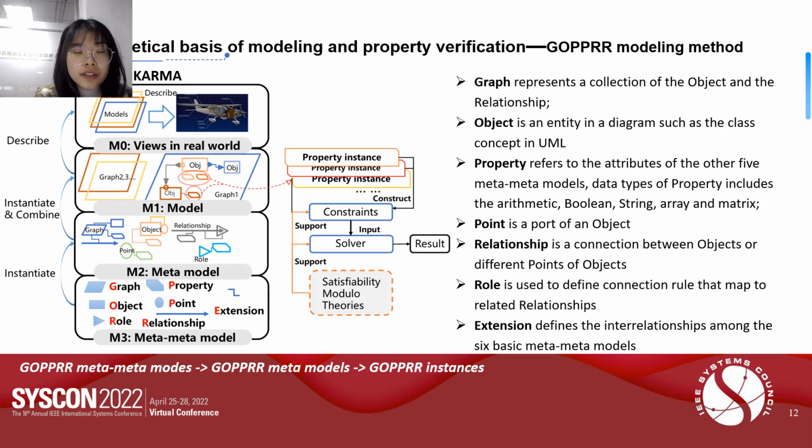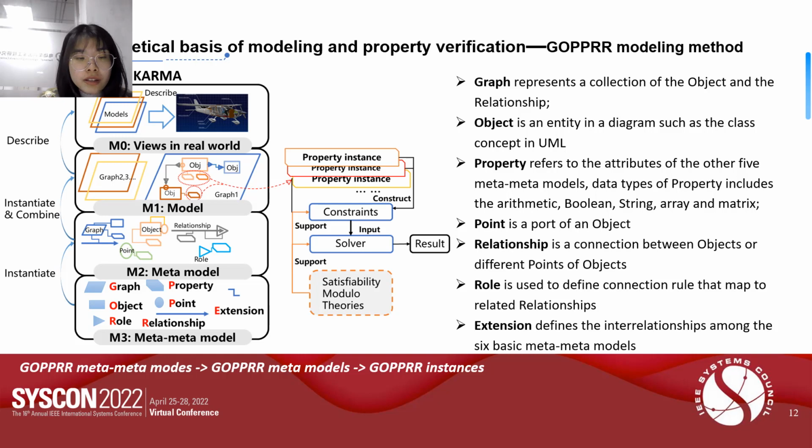Second is the theoretical basis. The GOPPRR modeling method is a modeling basis. The GOPPRR modeling method is the most powerfully expressive mathematical modeling method because GOPPRR supports the most first-class modeling concepts and the most relation patterns.